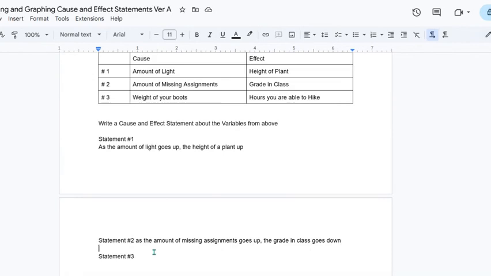Last but not least, as the weight of your boots go up, the hours I can spend hiking go down. Because if my boots are heavier, I'm not going to be able to hike as long. I'm going to get more tired.